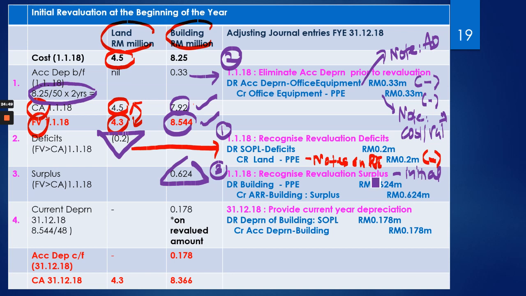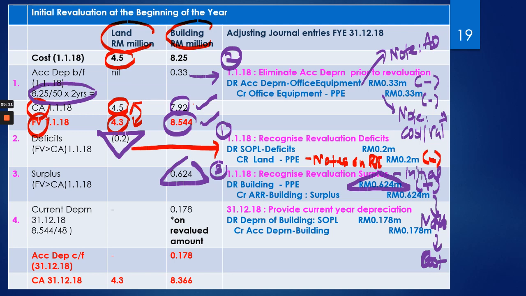Okay, that one is in equity. But when you debit building, you increase the building, right? So this one will be reflected by adding to your notes, which is on your notes on the cost of the PPE.